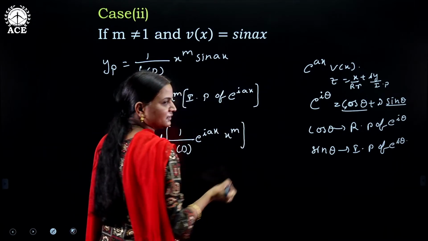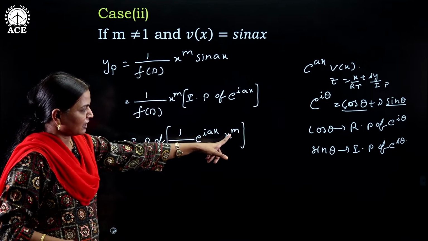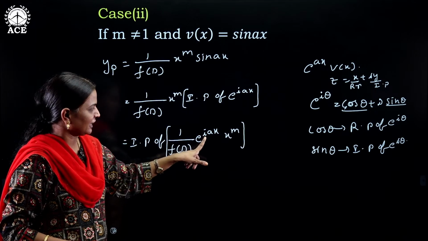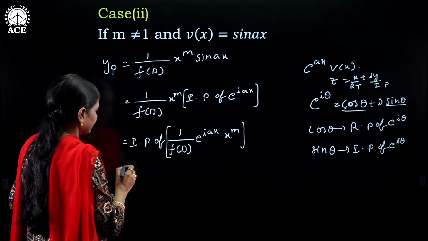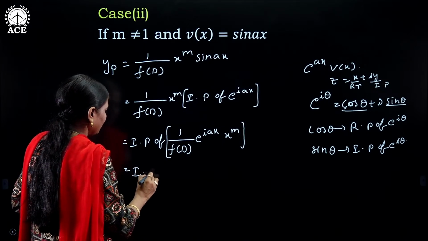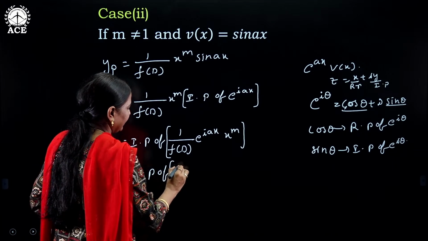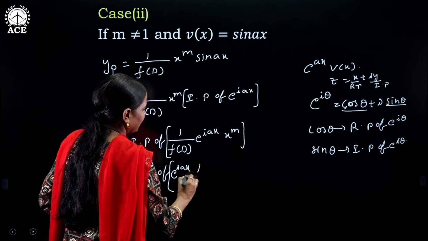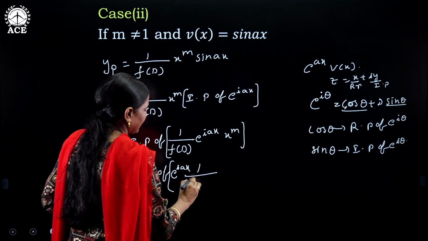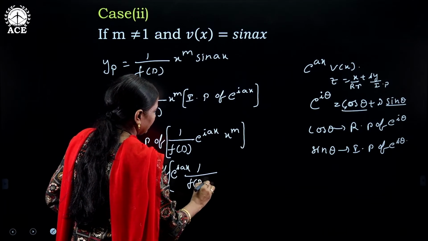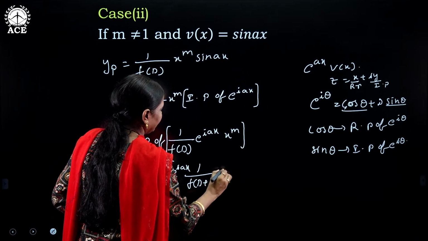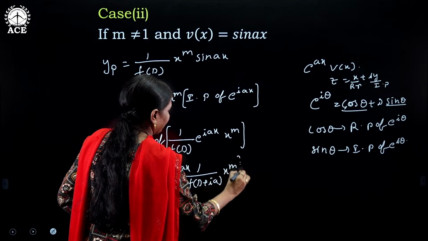What is the previous method? When a function is multiplied with an exponential, take e power iax to the left side and replace every D with D plus ia. So imaginary part of e power iax, 1 by f of D plus ia into x power m.